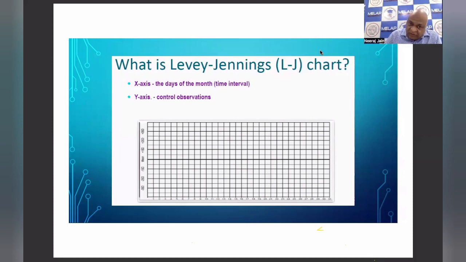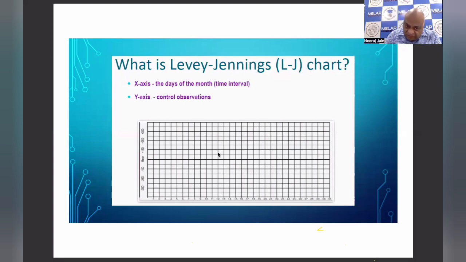Above this, 102, 104, 106. Below this, 98, 96, and 94. For different analytes, you need to prepare different LJ charts. For different levels of control of the same analyte, you need to prepare different LJ charts. Same analyte, same level of control, if you're running more frequently, then the same LJ chart will work.